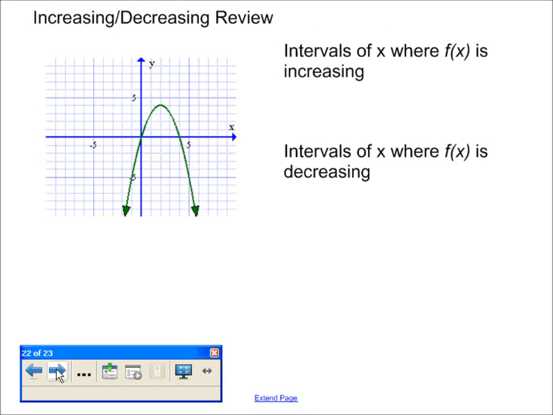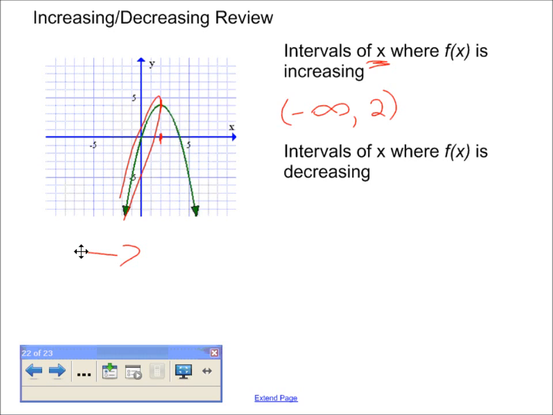The last thing here is intervals over which the function is increasing or decreasing. Increasing is easy. As you go left to right, where is it going up? Well, it's going up from here to here. So the interval is from negative infinity up to, now it's asking intervals of x, so up to 2.